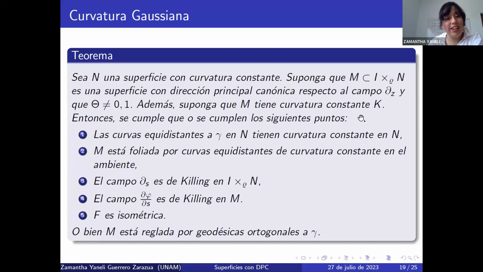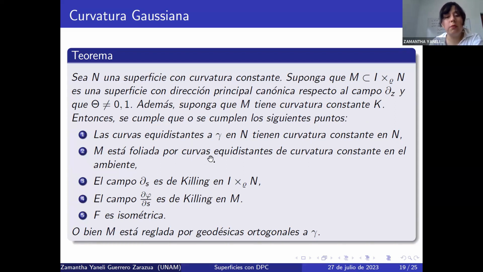Okay. Then we can actually obtain the same results that we had obtained for constant mean curvature, except for one detail. It's going to satisfy either all of the points mentioned before. So it's going to be tangent to a Killing field.